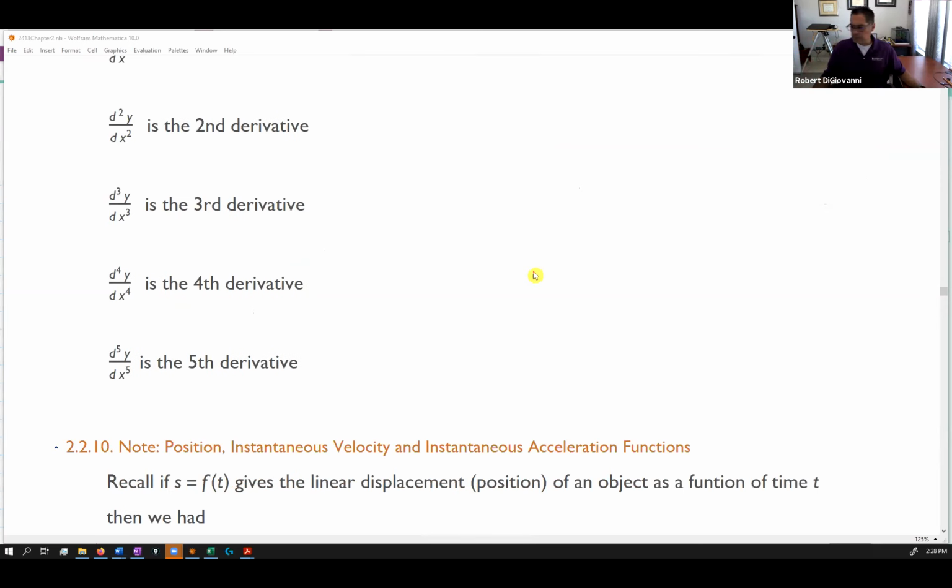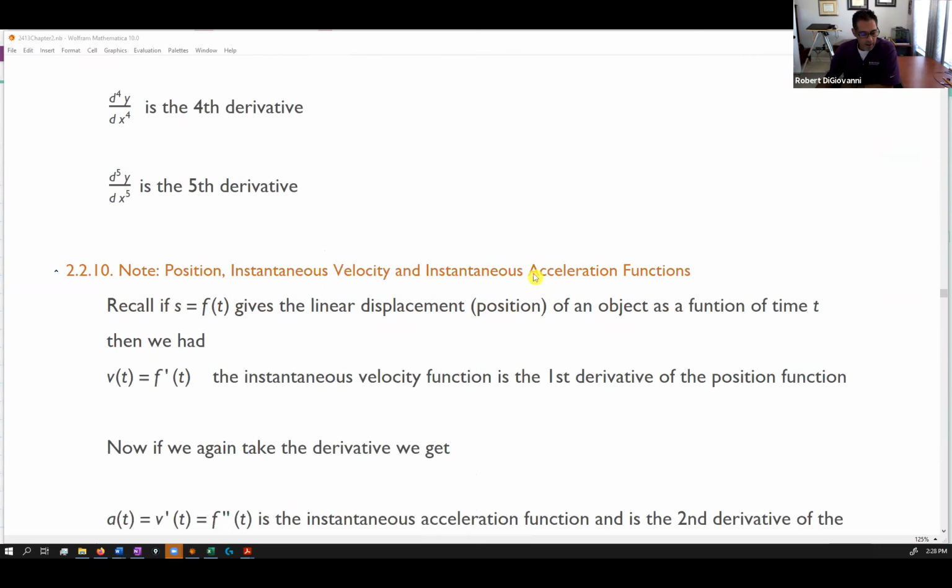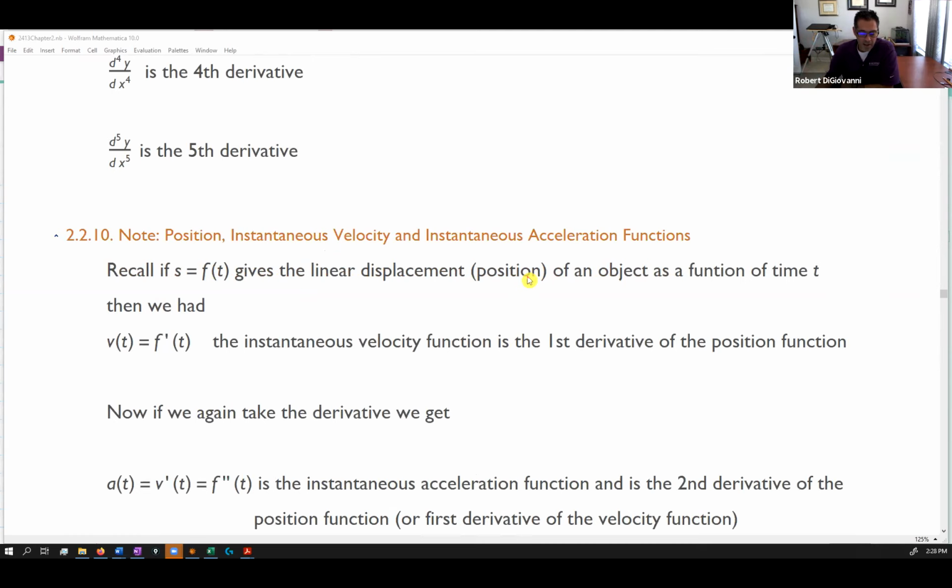Okay, here we go. How are we doing? 228. So position, instantaneous velocity, and acceleration.